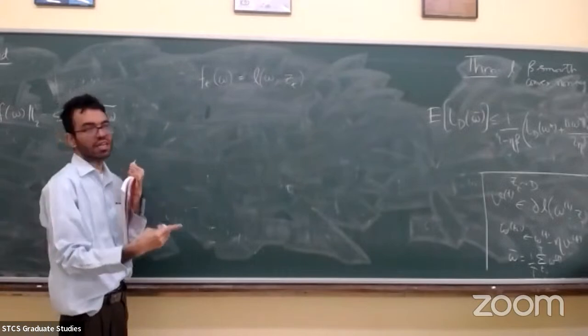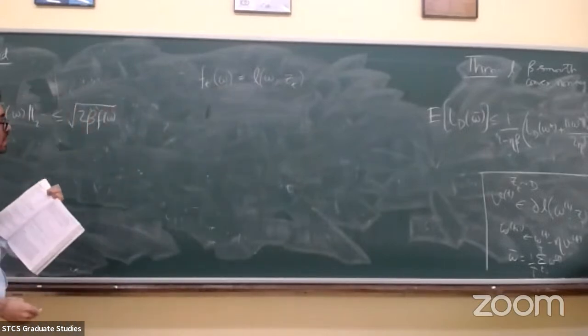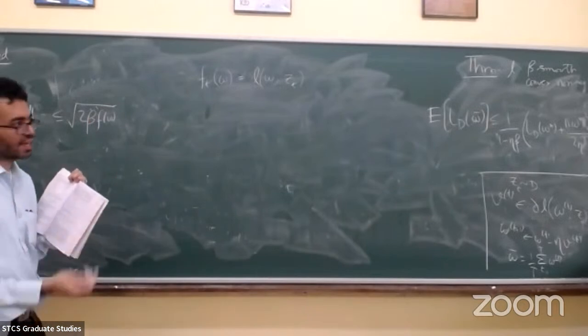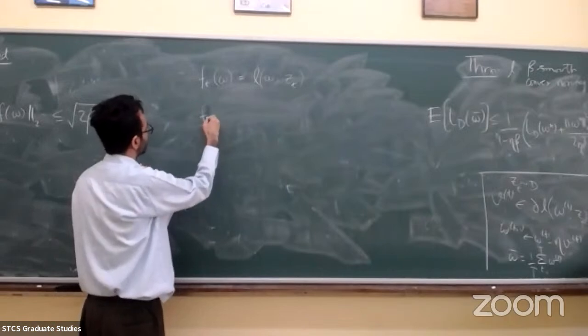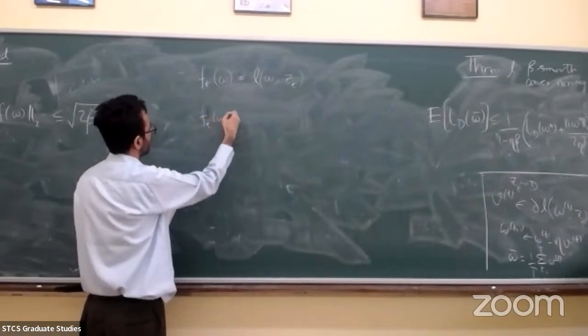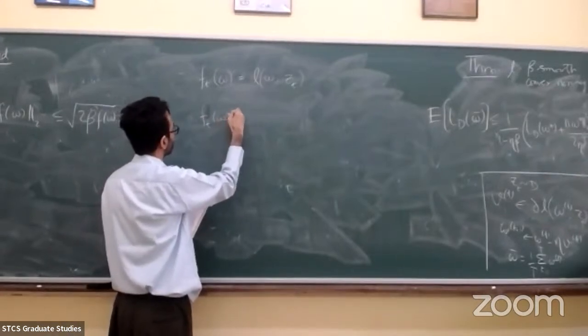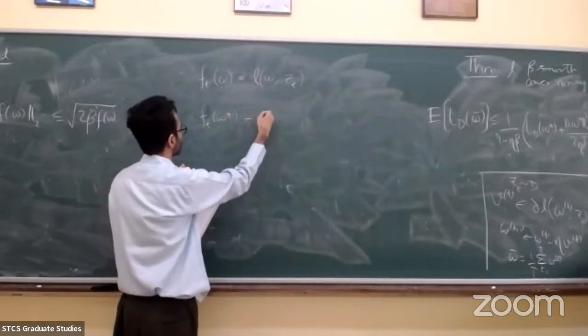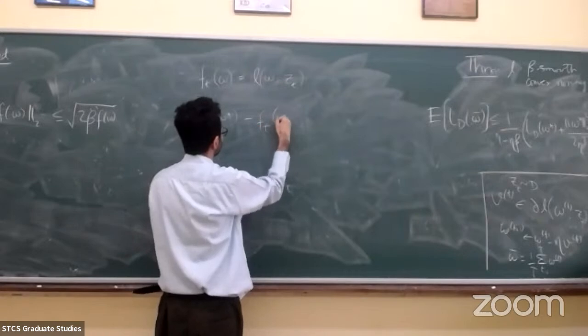For a fixed t, this is some function of w. And if you recall the earlier lectures, we looked at the function value f_t of w_t minus f_t of w star.